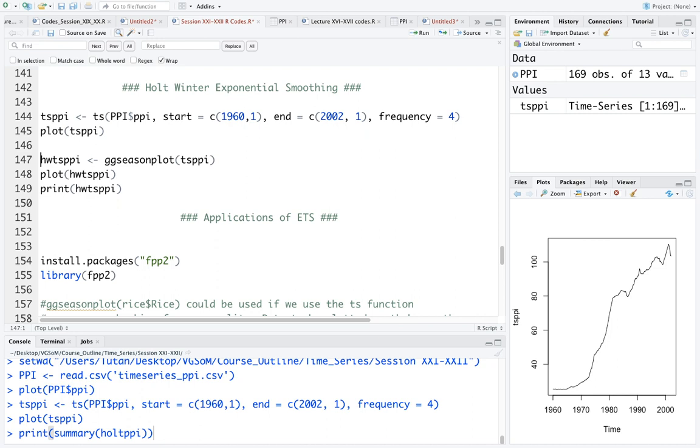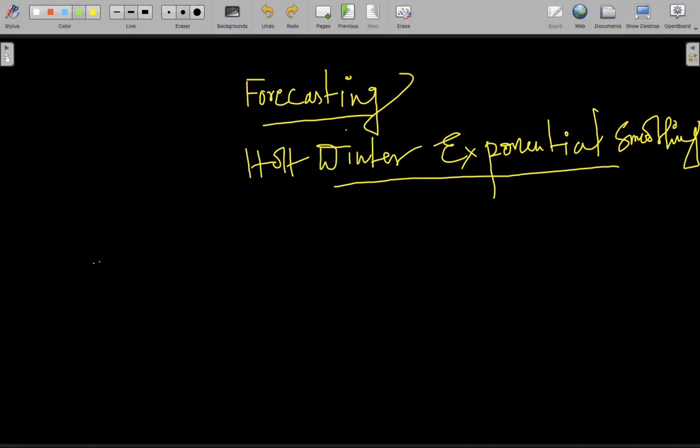Before I get into the technique of Holt-Winters exponential smoothing, let me show you some of the different ways seasonality could be present in the data set.